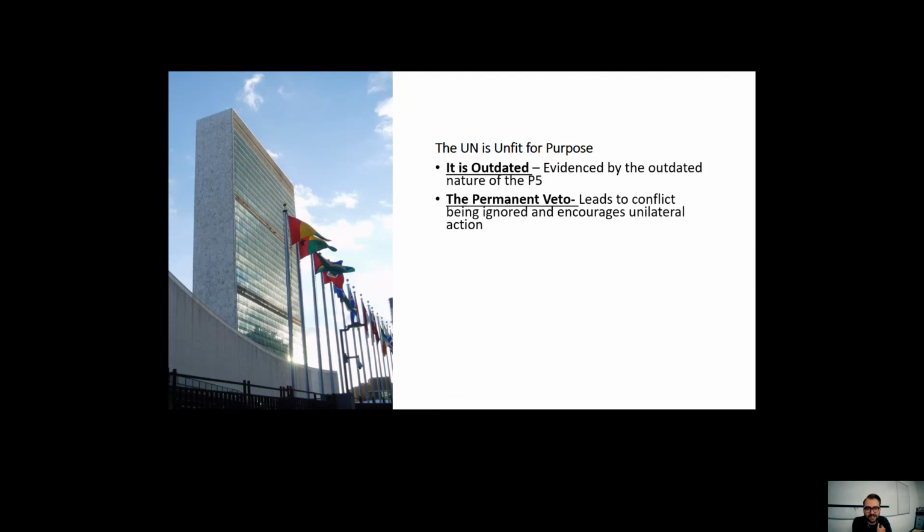Our second critique is this idea of the permanent veto, also still very much within the remit of the Security Council. But the argument again is that the ideological divide in the Security Council, divided between the Western Bloc, so the US, the UK and France, and the Eastern Bloc, China and Russia, leads to an ideological intransigence.